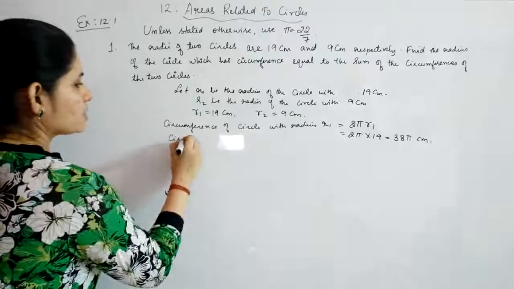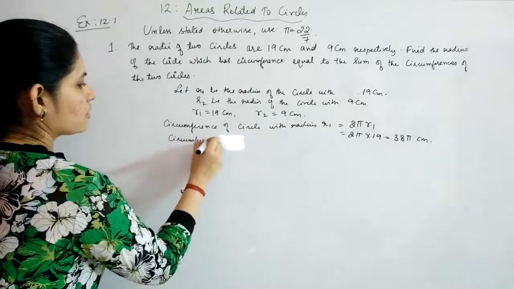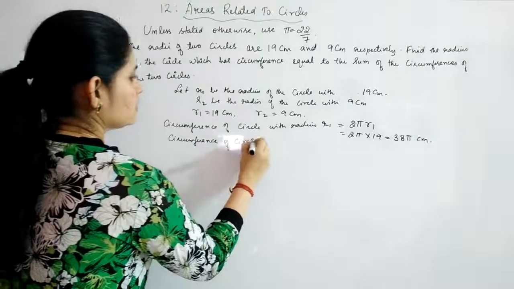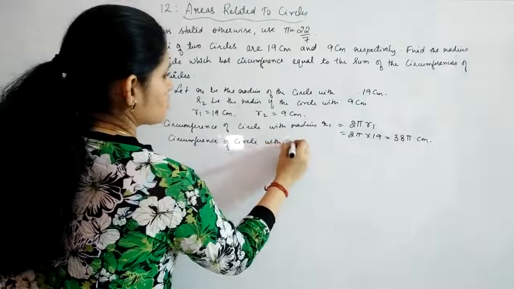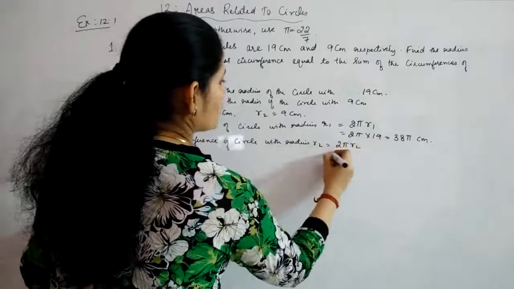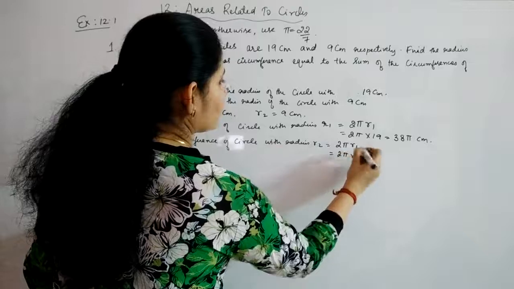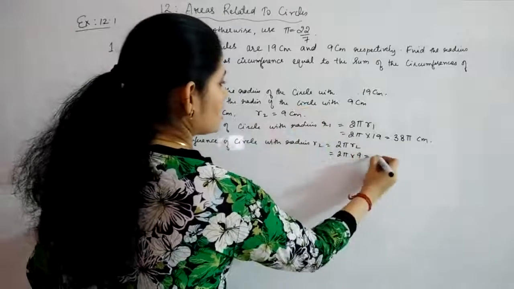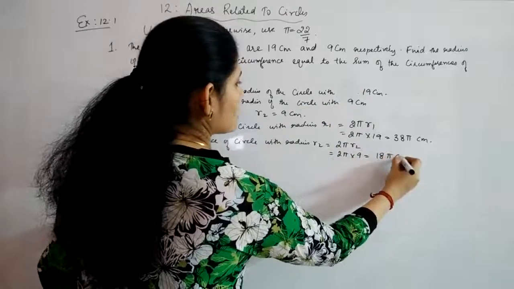And the circumference of the circle with radius r2 will be 2 pi r2, so you get 2 pi into 9 centimeter, which is 18 pi centimeters.